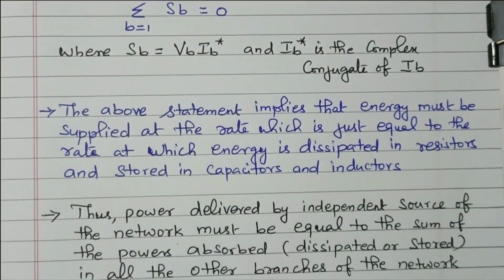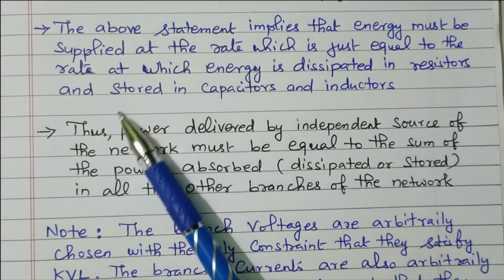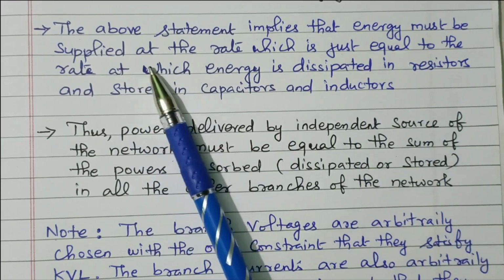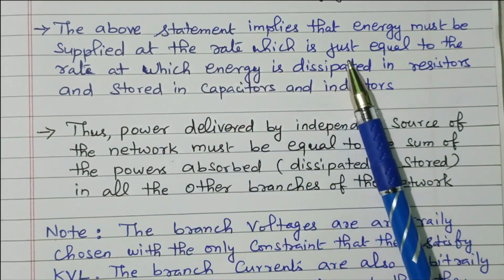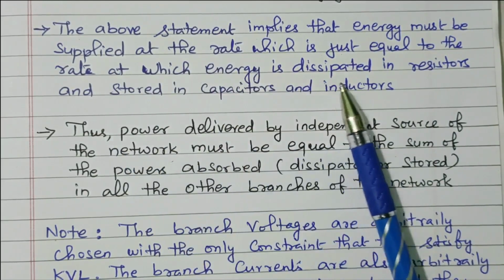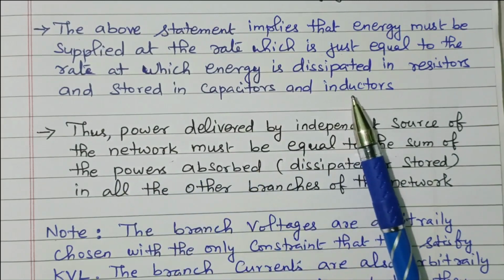We'll see some more details in Tellegen's theorem. The above statement implies that energy must be supplied at the rate which is just equal to the rate at which energy is dissipated in resistors and stored in capacitors and inductors.